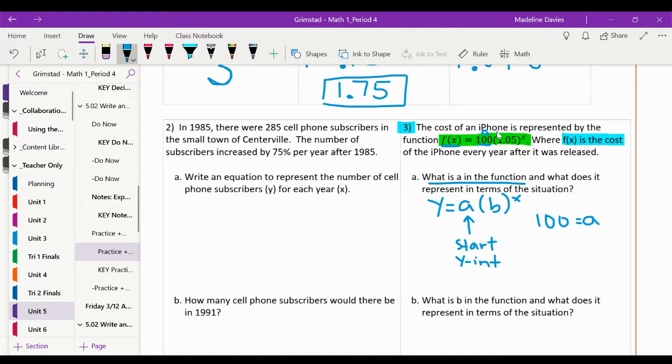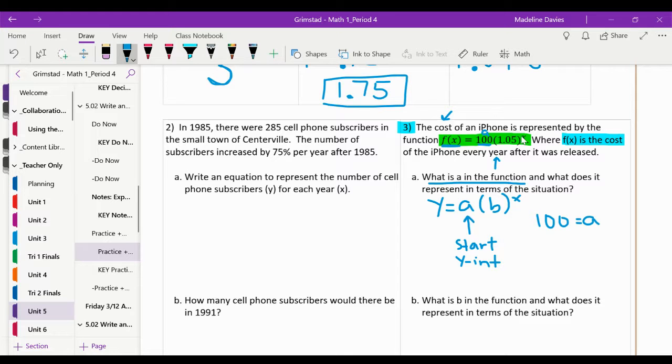The cost of an iPhone is represented by the function this, where f of x is the cost of the iPhone every year after it was released. So 100 then must either mean cost, or it might mean year, because those are kind of like the two pieces.